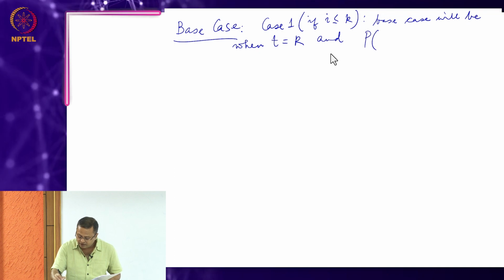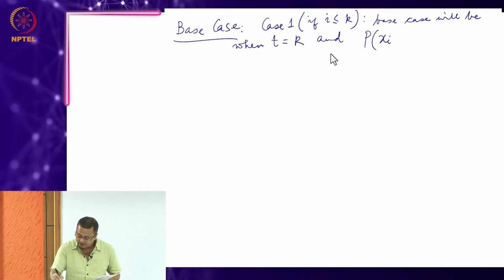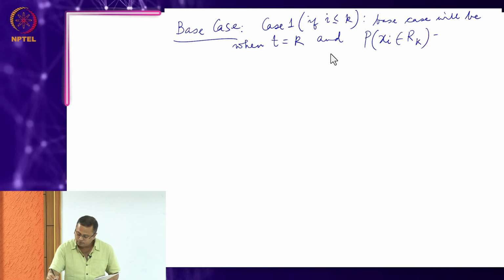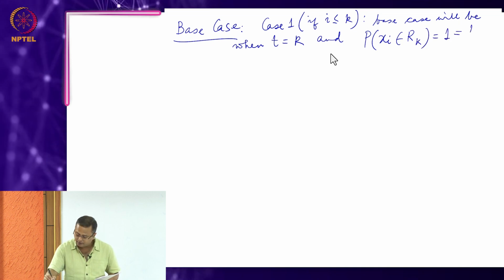And you can verify that the probability of xi belonging to R_k should be equal to 1, and that is equal to k by t.